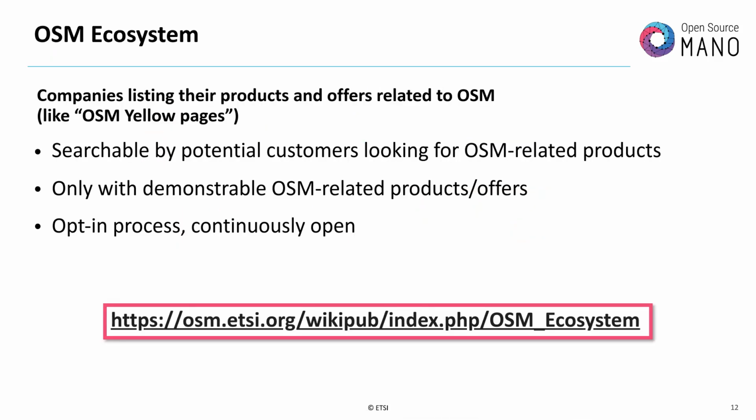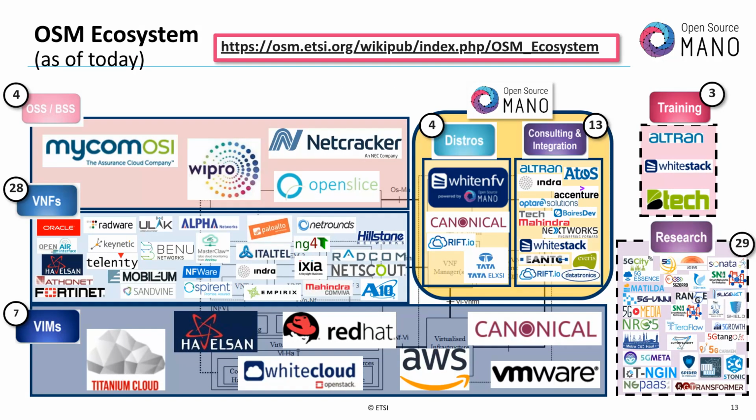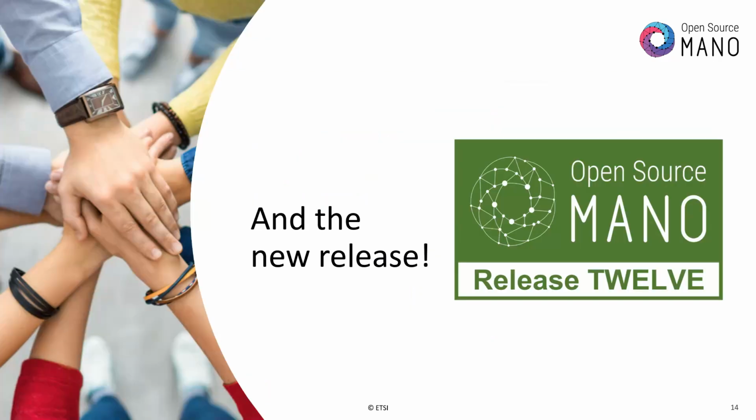We also have the OSM ecosystem, which is an opt-in list where companies are listing themselves and their offers related to OSM, and that have proven compatibility and alignment with OSM. That interoperability is key, obviously. So this is the tip of the iceberg, but it shows a sample of where we are in this respect.